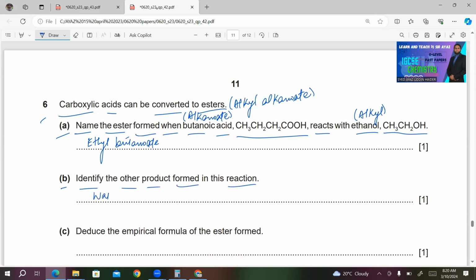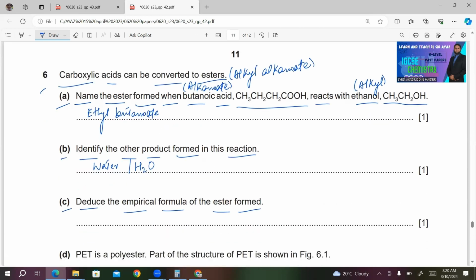Water, or you can even write the formula of water, H2O. C. Deduce the empirical formula of the ester formed. So first of all, I need to draw the formula for the ester, then I will draw the molecular formula, then we'll make the empirical formula of this ester.